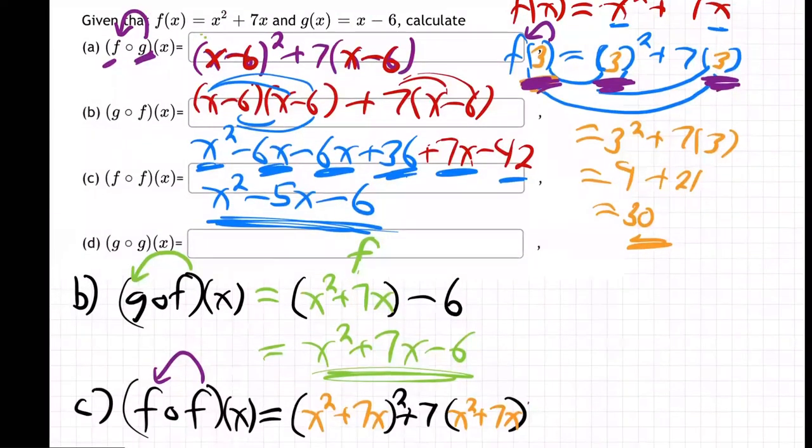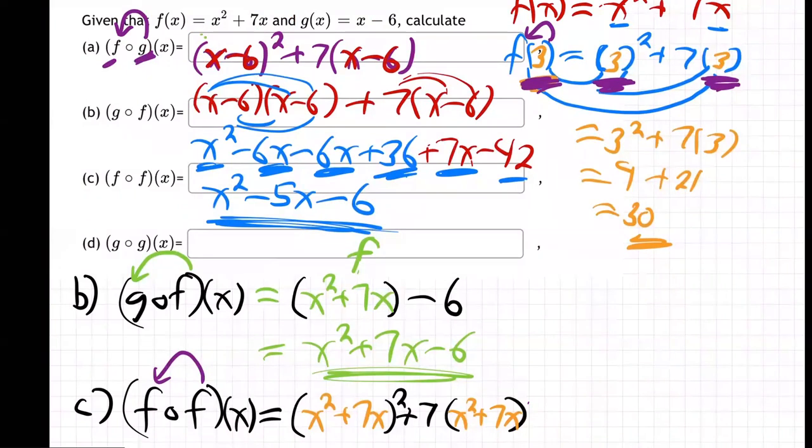See what I did? I took this whole function, f of x, and I'm plugging that whole thing in right there and right there. Does that make sense? I'm plugging that entire function, x squared plus 7x, into each of the x slots. The x slots are the input slots in the function.